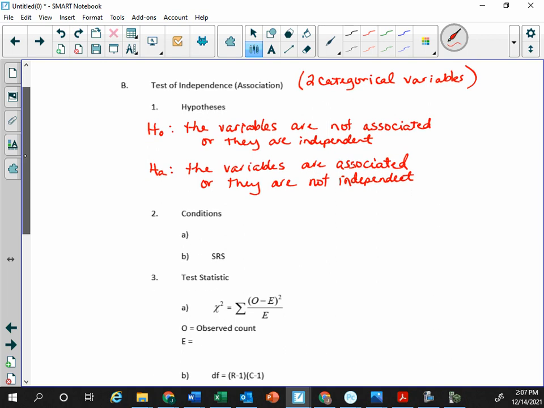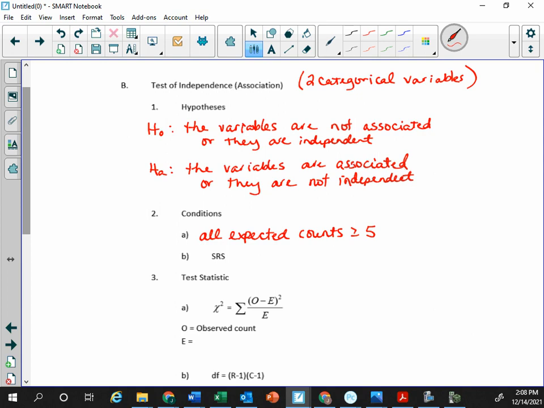What do you think the first condition is going to be here? Yeah, the same as the other one. All expected counts are greater than or equal to 5. And then we still have random sample.